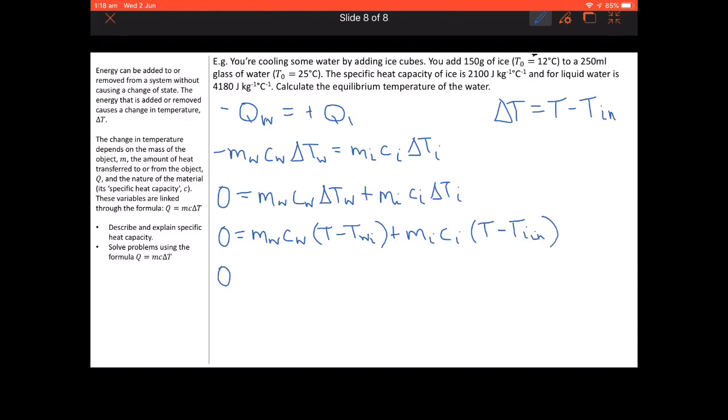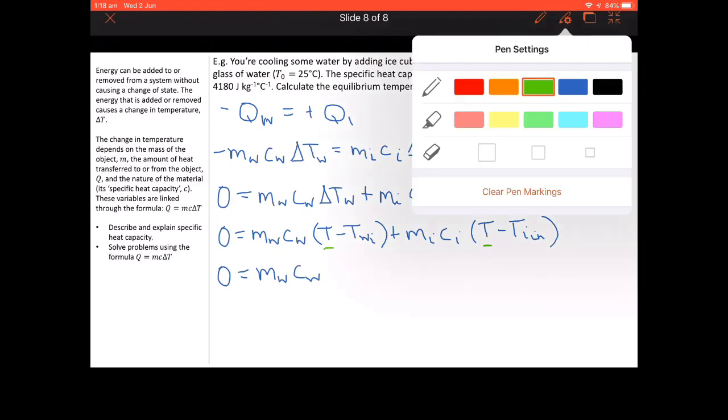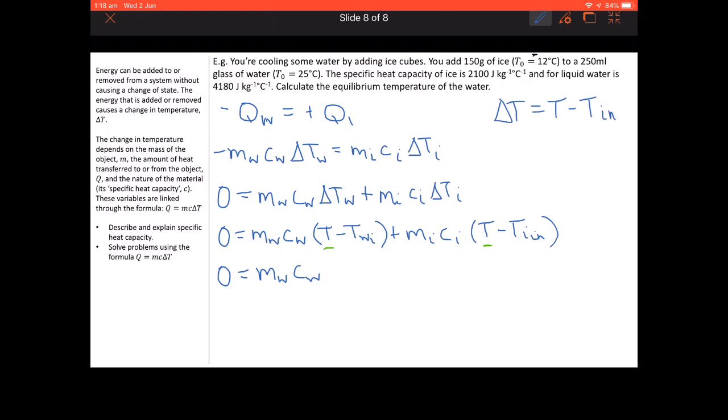I'm now going to expand all of this out, and then I'm going to factorize it, and then we'll be able to get these T's by themselves, so we'll be able to work out what the equilibrium temperature of the water and ice is.